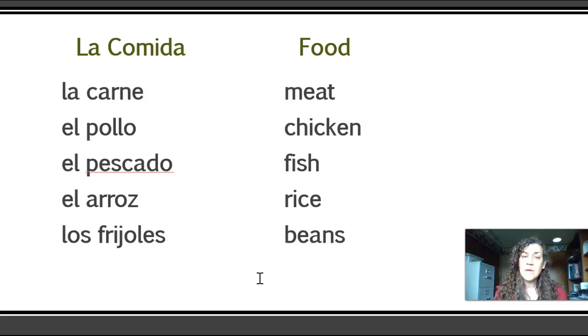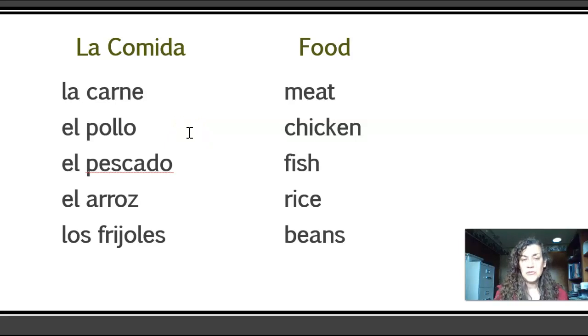And here are some foods that are commonly consumed at dinner time or supper time. A lot of people like to eat some type of meat. La carne. La carne is meat. El pollo is chicken.